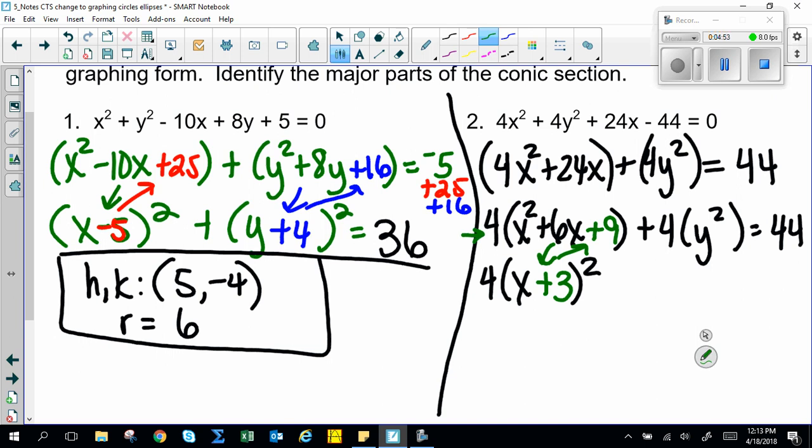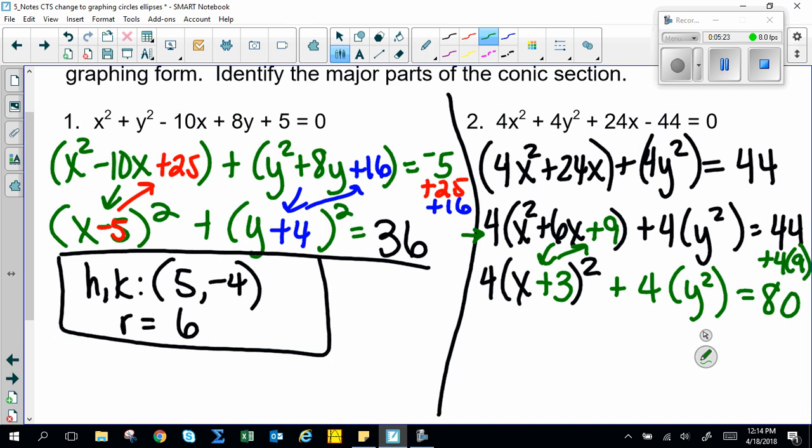I added 4 times 9, right? So I'm going to have to, on this side, also add 4 times 9. And then over here, I can just leave this like this. So I have 36 and 44 is 80.